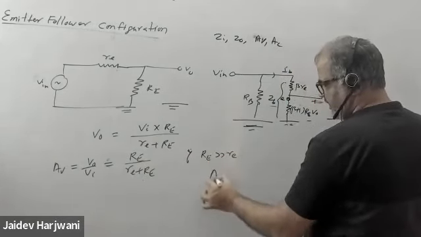So you have now the voltage gain, and you want to find the current gain. Current gain is nothing but I naught upon I input. Okay, I naught here is equal to minus IE, and I want to find what is I input.